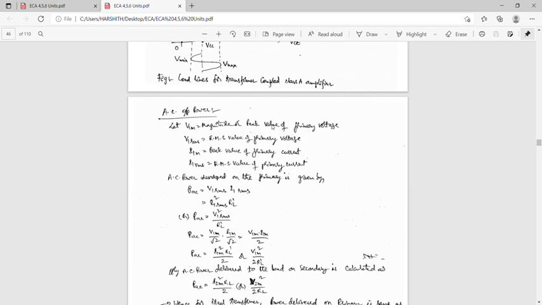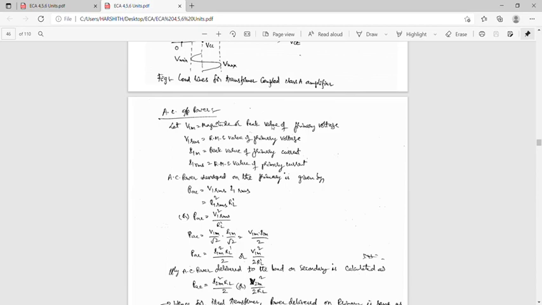Hence the AC power delivered on the primary is given by PAC. We consider the RMS values, so PAC equals VRMS into IRMS. Since power equals I squared R, PAC equals I squared RMS into RL, which also equals V squared by RL.